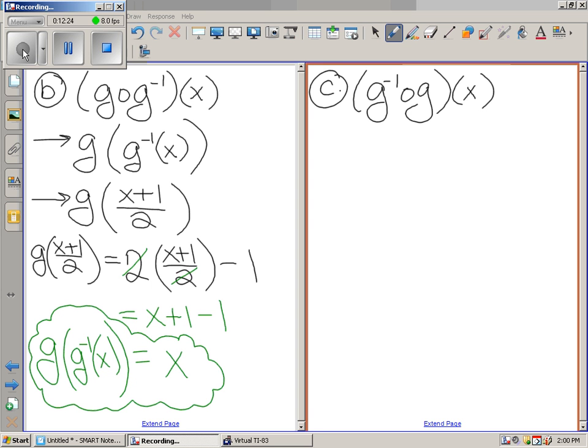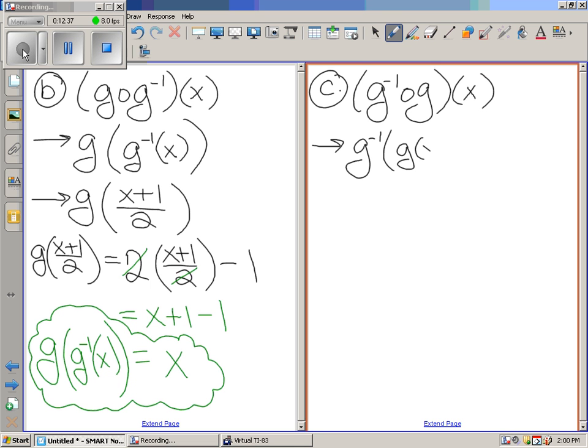Okay, one more and we're out of this joint. Okay, here we go. What's the first step? Oh yeah, we got to rewrite that. Same thing as the other one, right? That's the same thing as me asking for g inverse of g of x.